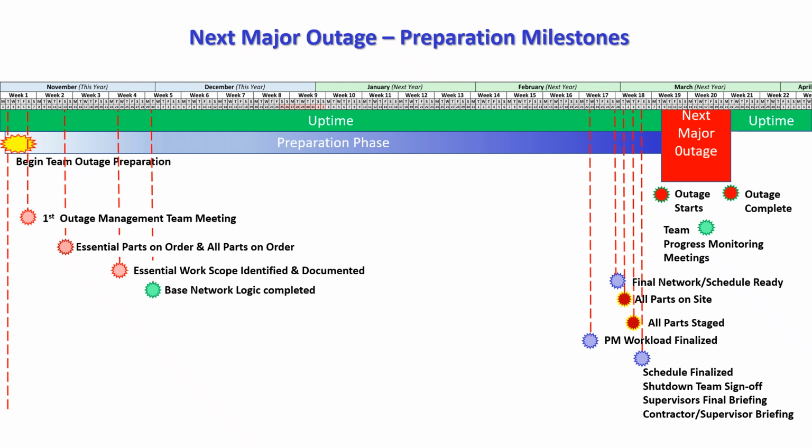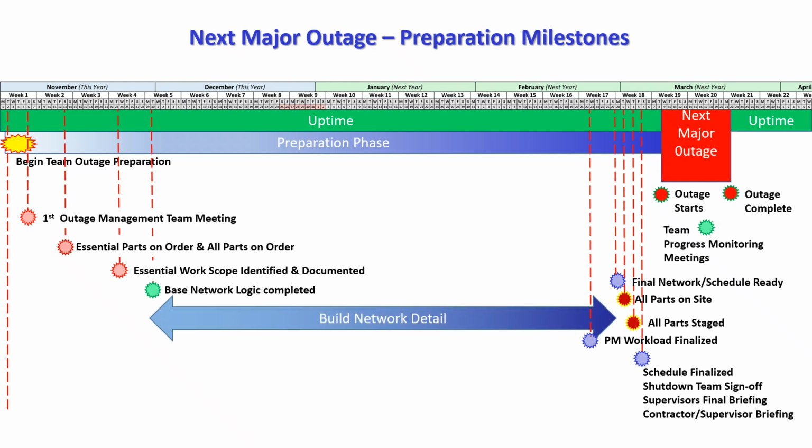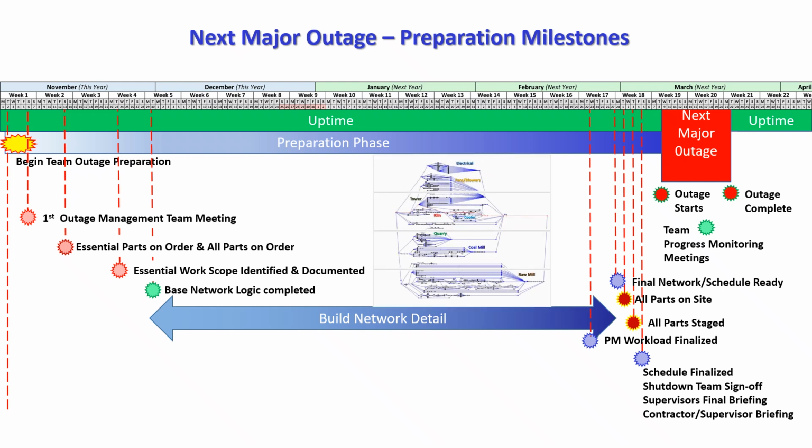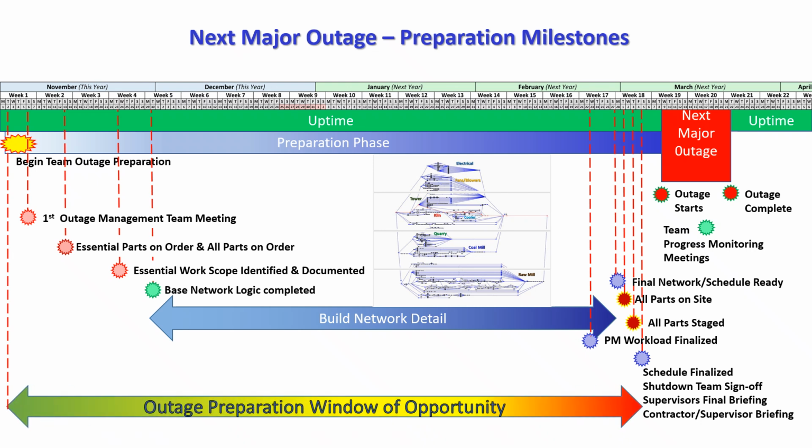In that way, we are able to build a precedence network with all the detail for our major maintenance outage so that it can start and end on time. And that blue window of opportunity is virtually all the time we have to build it.